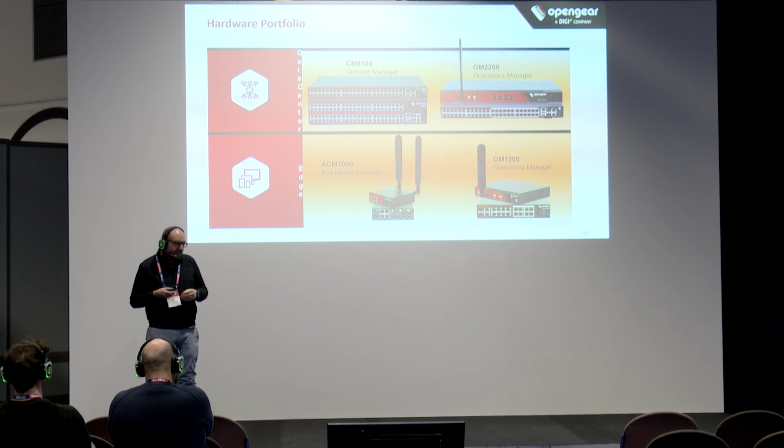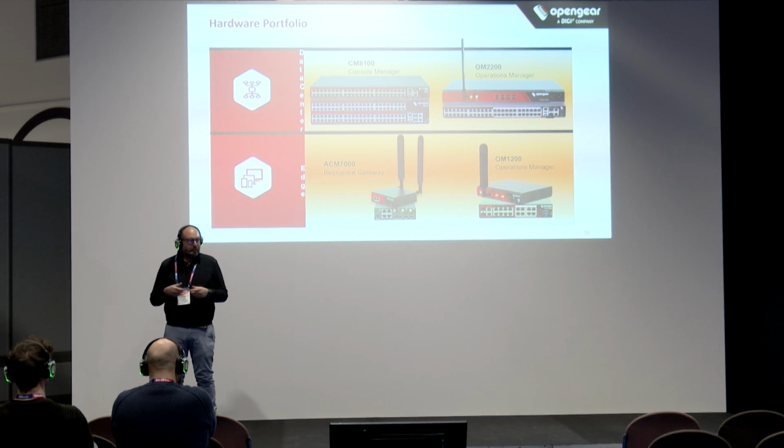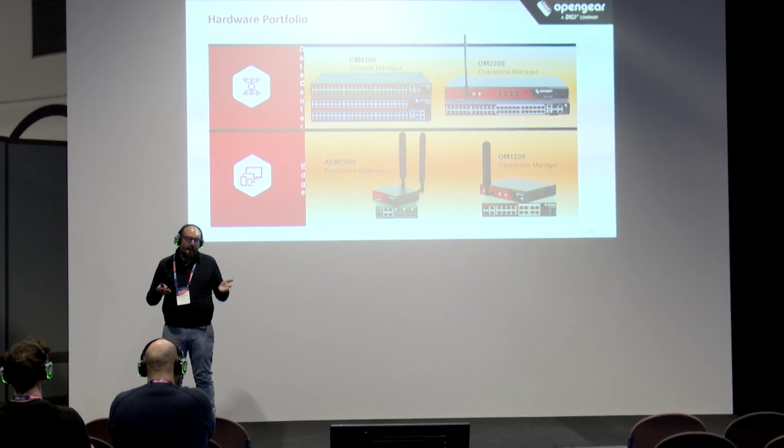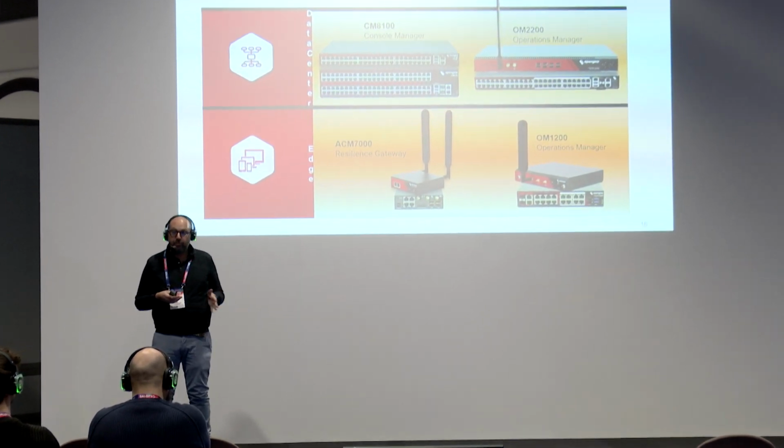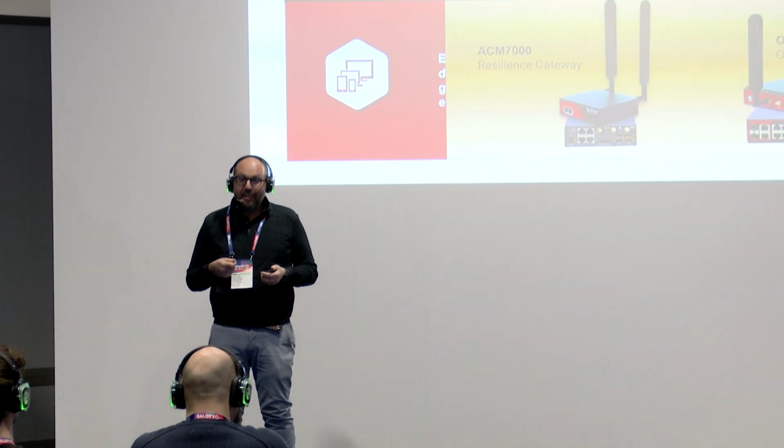Then for data center, we have 2 ranges. The CM8100 is a pure data center product with purely serial management, because most of the time in a data center there is already IP management in place. Through the CM, you can plug in all your serial ports and get centralized access. The beauty of this device is the automatic labeling.